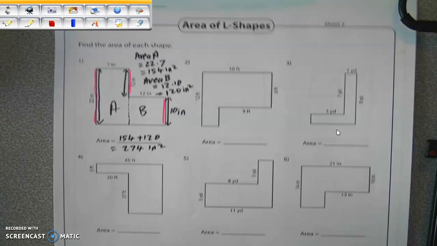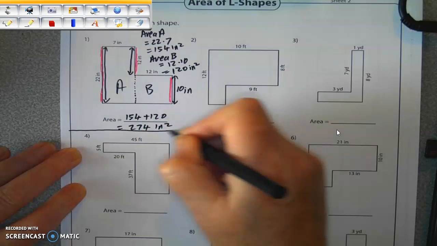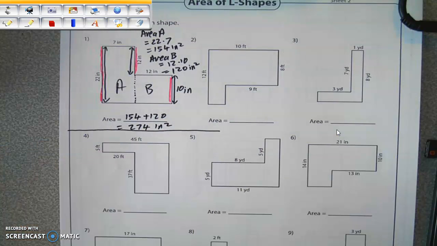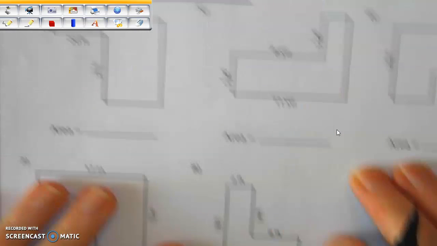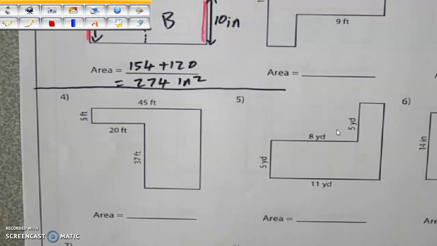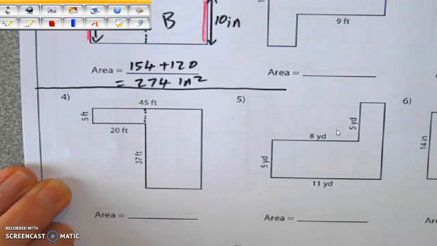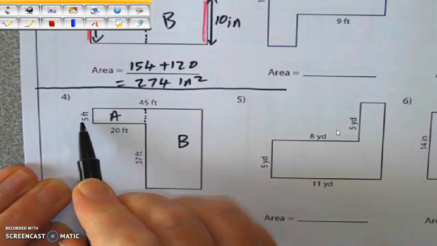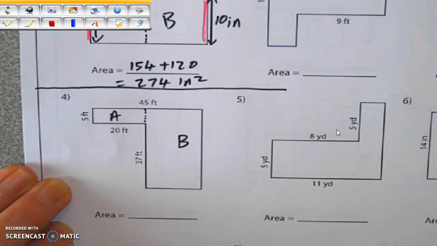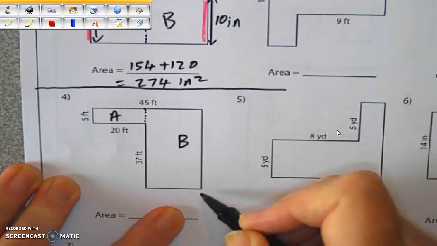Okay, let's do number 4 down here just so that you see one more before you go do it by yourselves. So with number 4, let's zoom in on it. Here it is. I would chop number 4 like this and label it A and B. And I have 20 times 5 for A. For B, I'm kind of stuck because I need to know this down here and I need to know this up here.